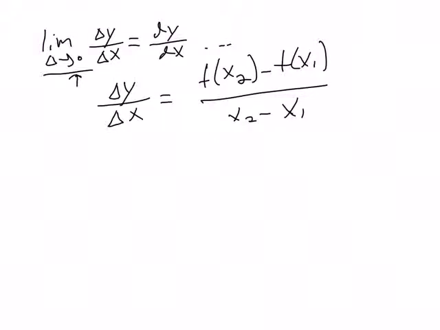So the limit, if we want the change up here to be going to 0, and we want the change down here to be going to 0, what we have to do is let x2 go to x1.